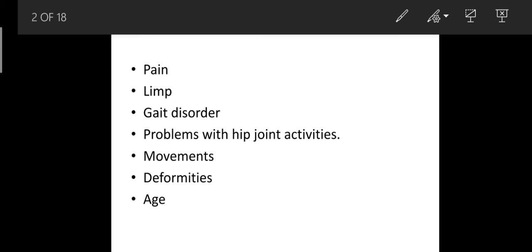include age and sex. If we see complaints according to age group: 0 to 2 years, congenital dislocation of the hip; 2 to 5 years, tuberculosis of the hip; 8 to 10 years, Perthes disease; 10 to 12 years, slipped capital femoral epiphysis, SCFE; 20 to 50 years, osteoarthritis, usually secondary; 50 to 80 years, osteoarthritis, which is primary.